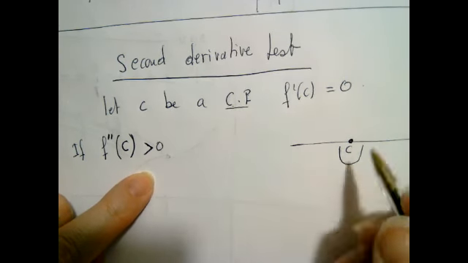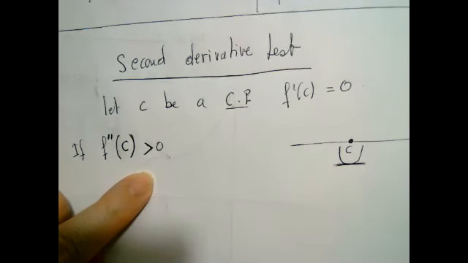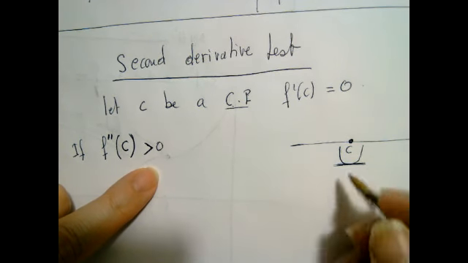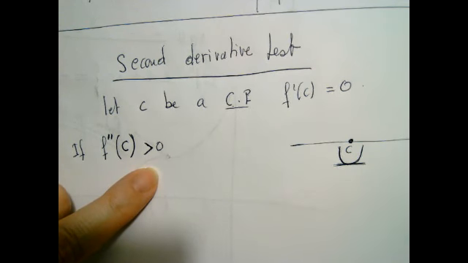It's a critical point, which means the derivative is 0. So the question is, the derivative is 0, but what does the second derivative tell me? The second derivative tells me that near this point, the function is concave up. That's really what the picture is. Since it is concave up near this point, it means that's a local minimum.